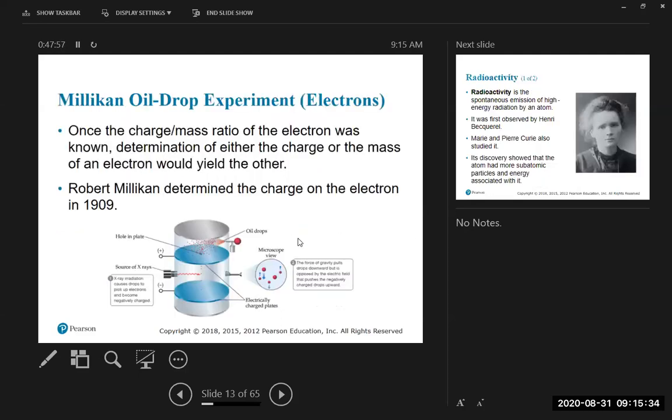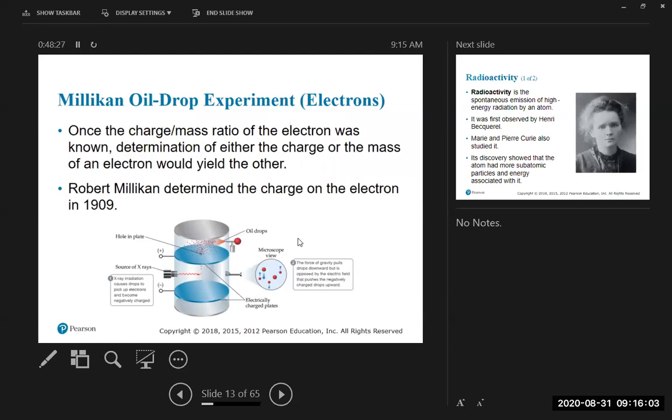Because if you knew that ratio, then all you needed to do was determine either the charge or the mass, and then you would get the other. Remember, he had the ratio, but he didn't have the charge and he didn't have the mass. He didn't know if the charge was 2, 3, 4, or some other number. So this guy Millikan did what they call the oil drop experiment.